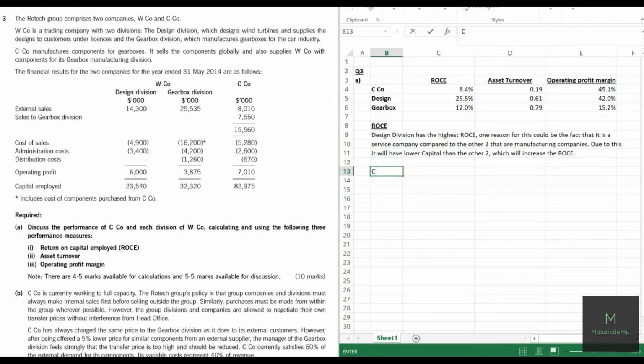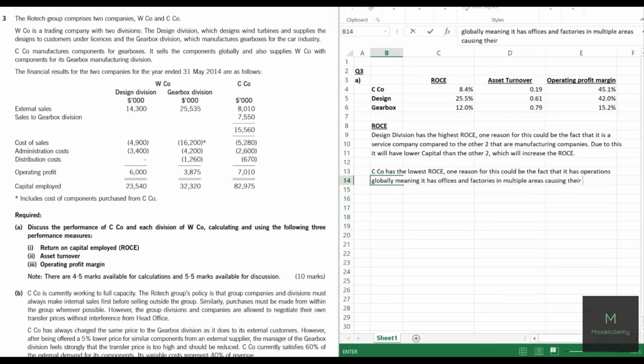So CECO has the lowest ROC. One reason for this could be the fact that it has operations globally, meaning it has offices and factories in multiple areas, causing their capital to be very high and their ROC to be lower as compared to the divisions of WCO, right?